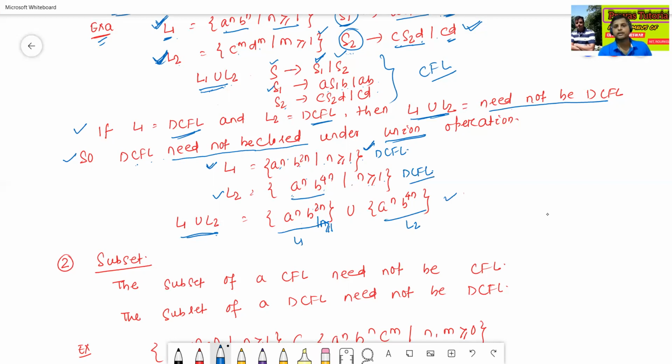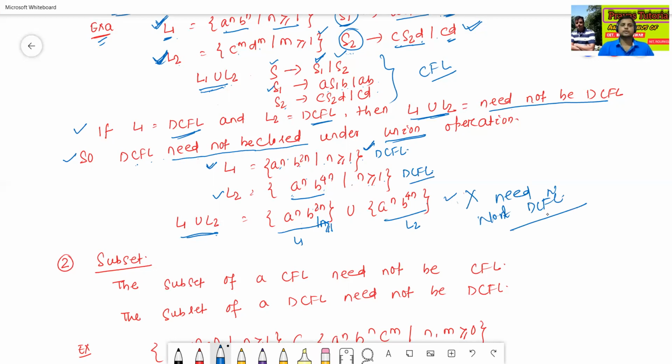This union is not DCFL. So DCFL need not be closed under the union operation.